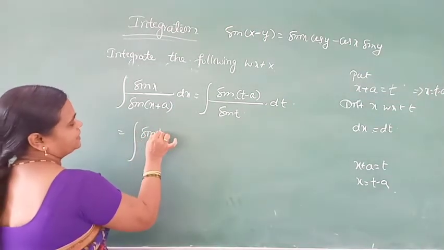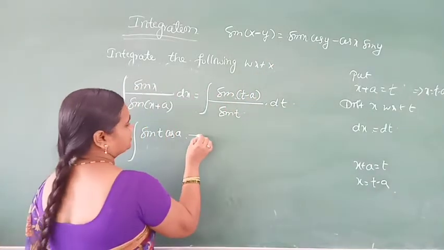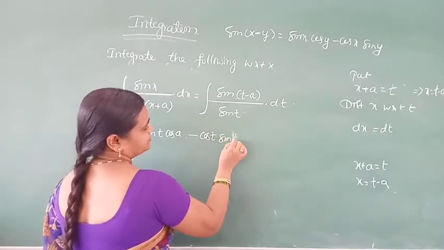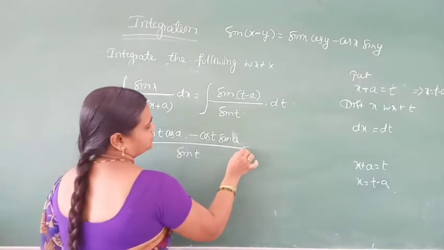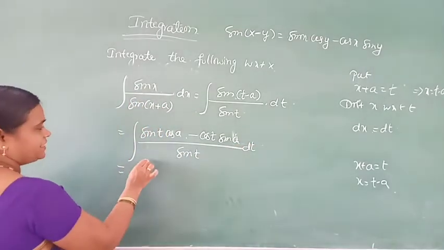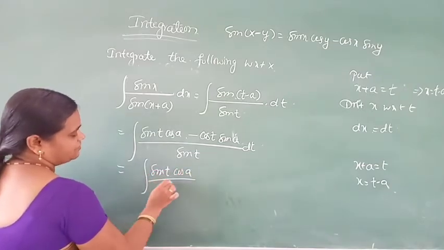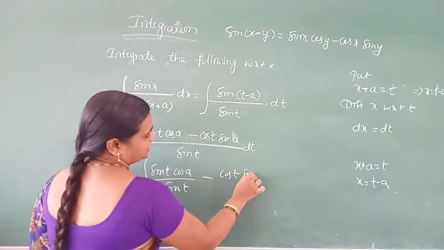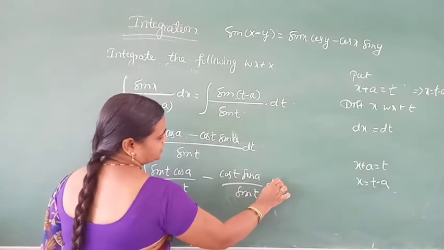Sin t cos a minus cos t sin a divided by sin t dt. Okay? And make it separate division. Sin t cos a divided by sin t minus cos t sin a divided by sin t.